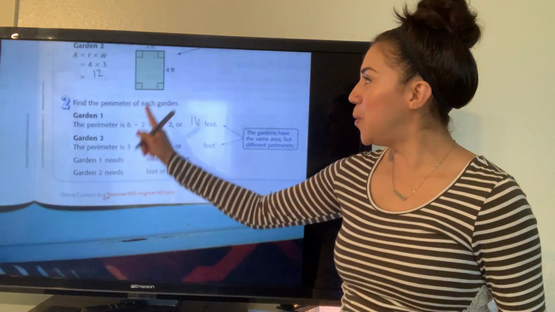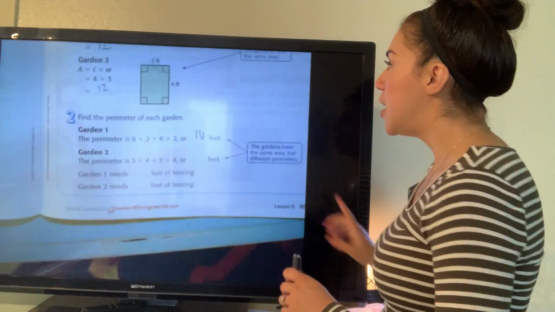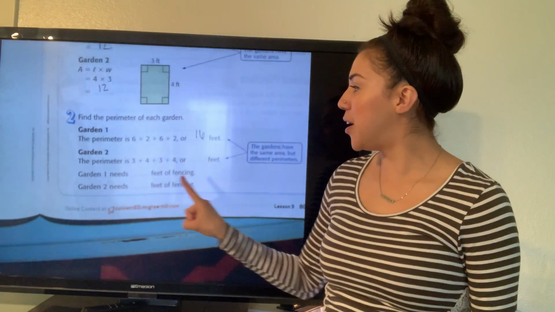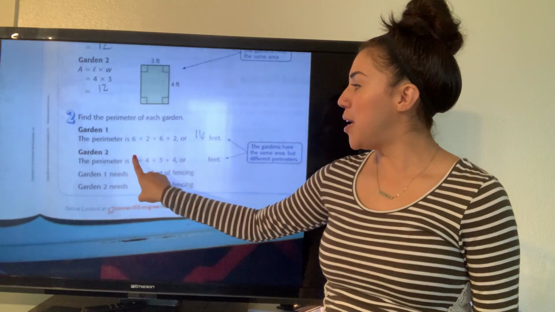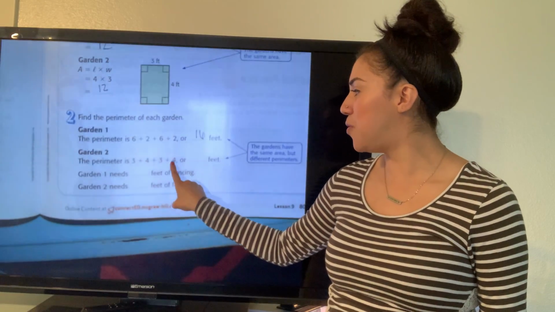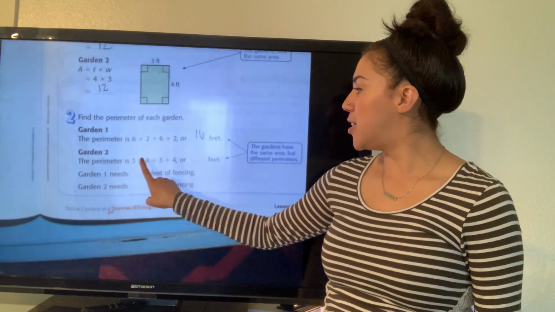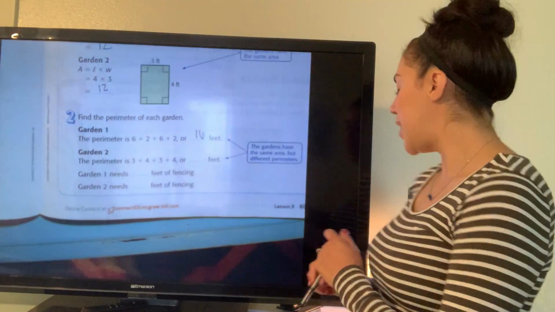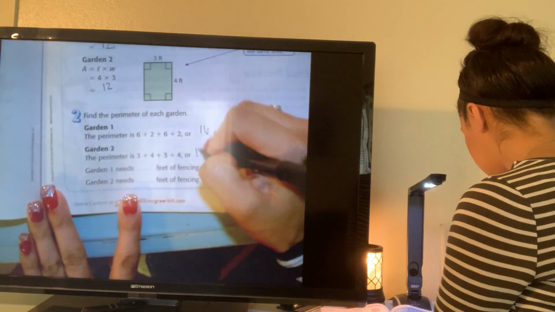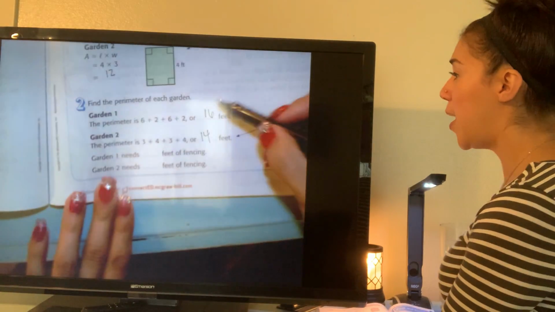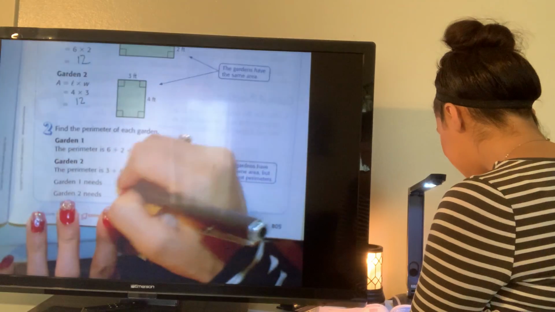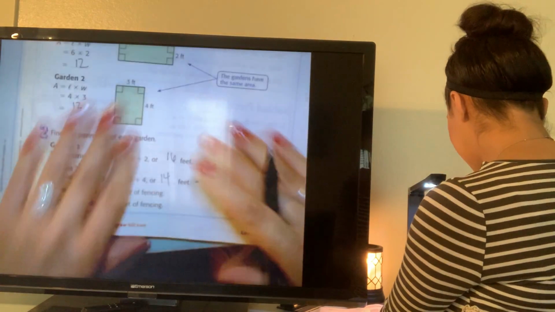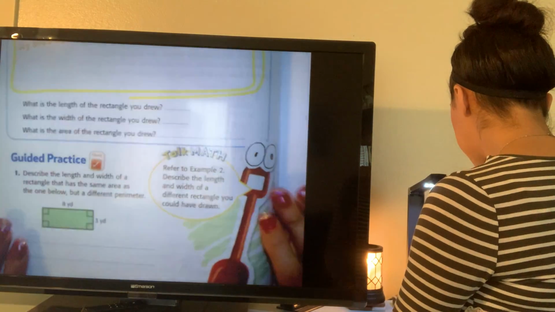And garden 2, which was this one right here, this is going to be 3, and this is going to be 4. So the perimeter is 3 plus 4 plus 3 plus 4, so 4 and 4 is 8, 9, 10, 11, 12, 13, 14, so that would be 14 feet. So garden 1 needs 16 feet, garden 2 needs 14 feet, and go ahead and turn the page.